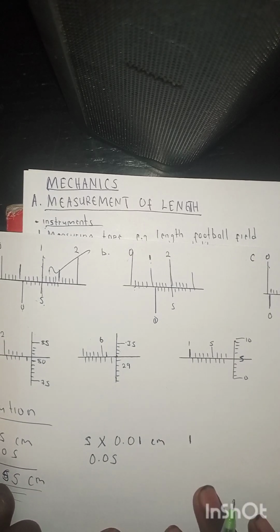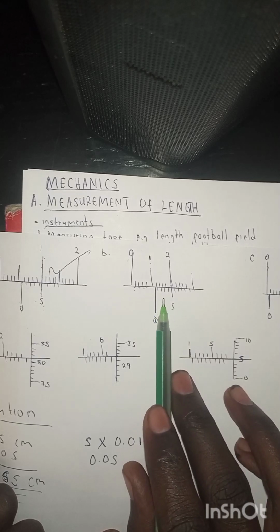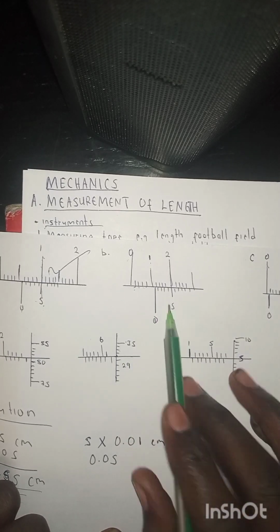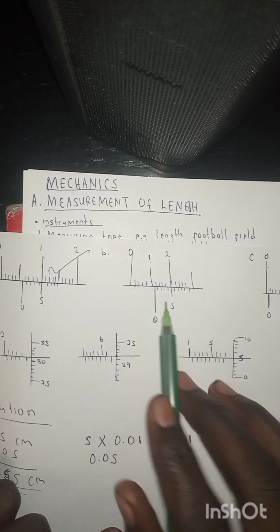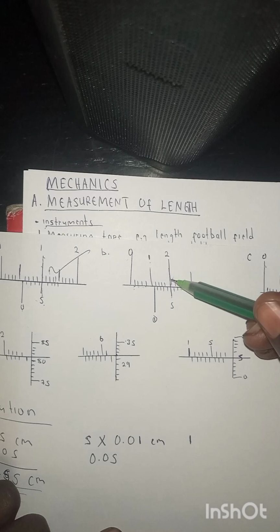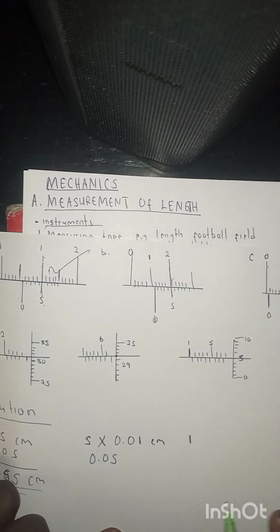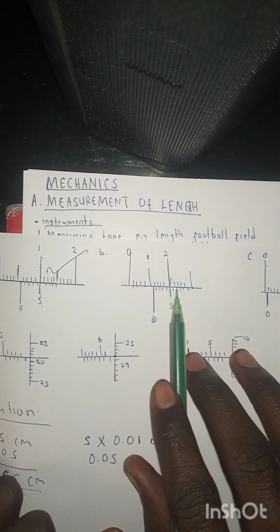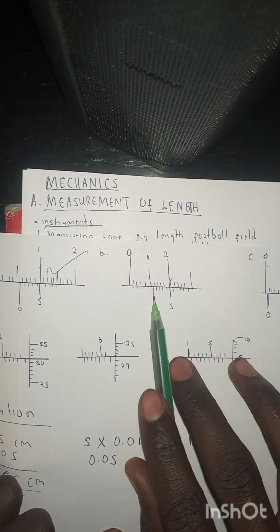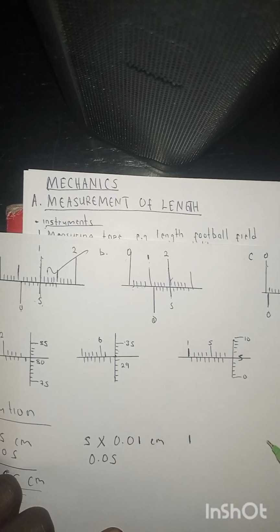Okay, then from there we get the reading on the vernier scale. You look for a line that is aligned with any reading on the main scale, which is 5 again, as you can see. So from here to here, the figure that you're getting from the reading there is 5.